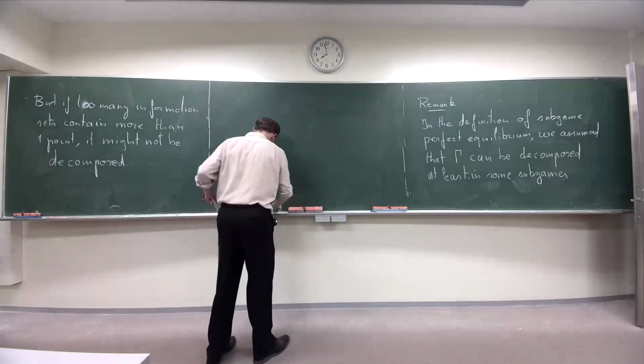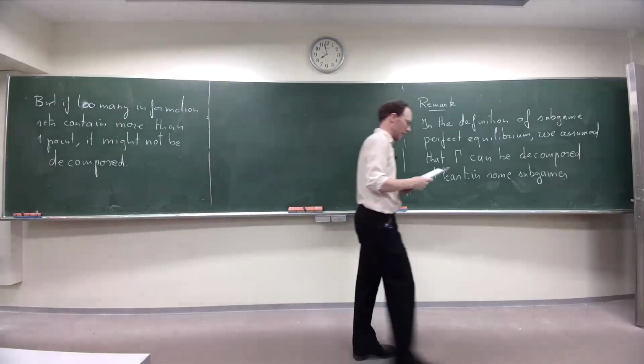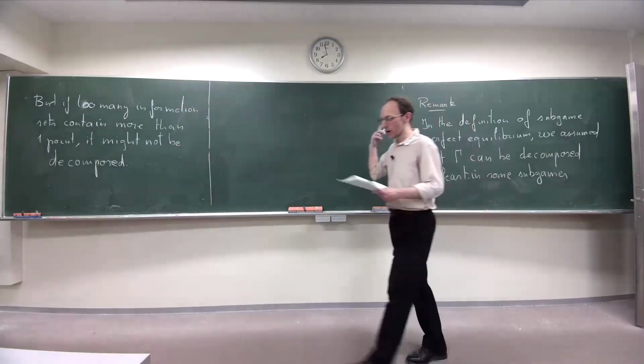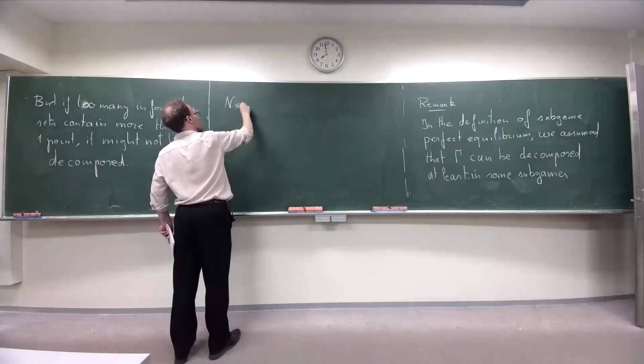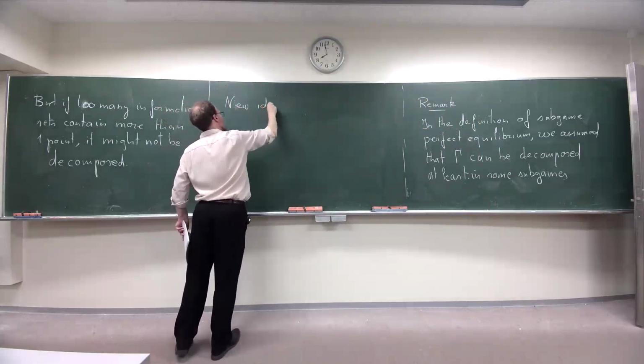But as I said, I want to take advantage of this thing. So I'm going to introduce one new piece of information. So the new idea, and I will just finish with one or two sentences about this new idea.